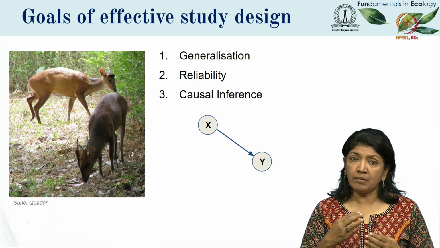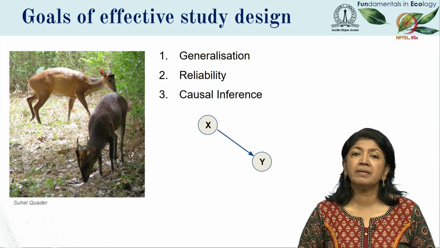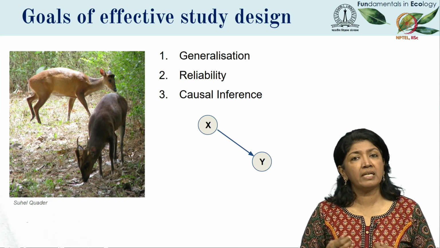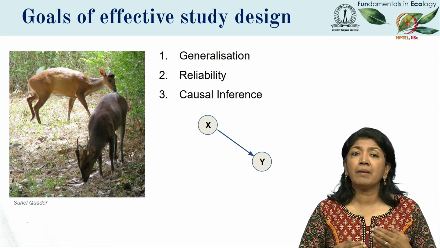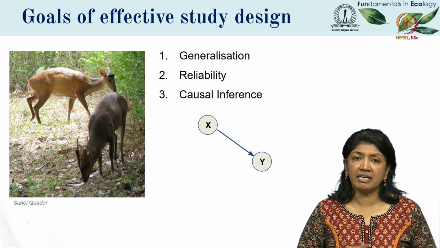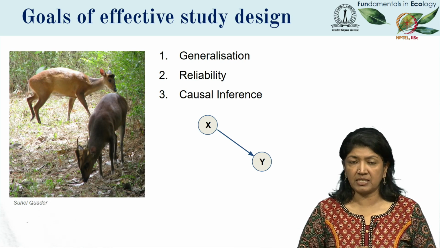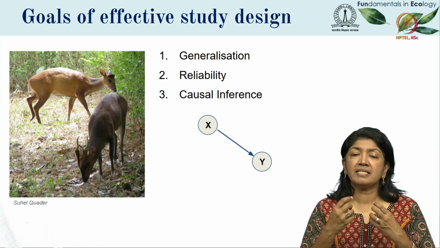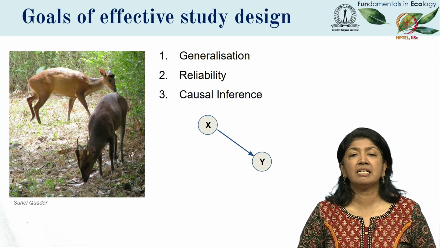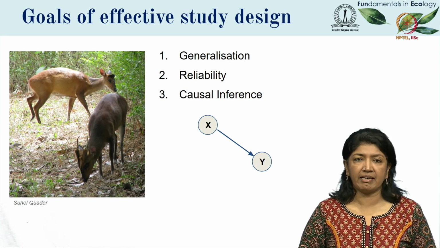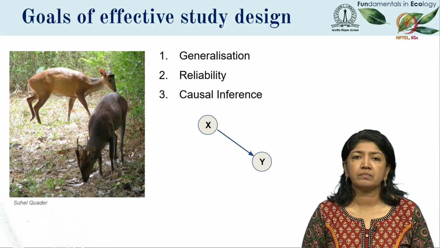So, there are elements of designing good experiments. However, very often in ecology, we may only be able to carry out observational studies where we cannot experimentally manipulate conditions. So, how can we strengthen causal inference in observational studies? We will go through that.